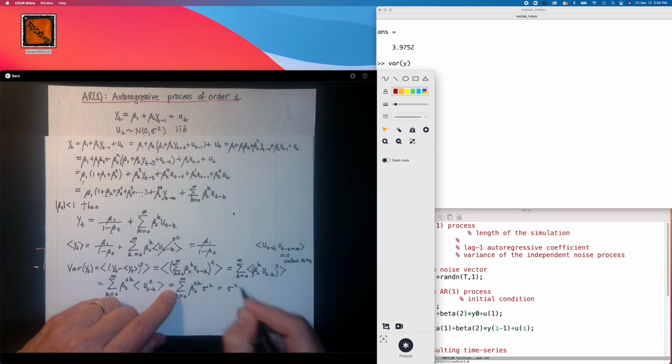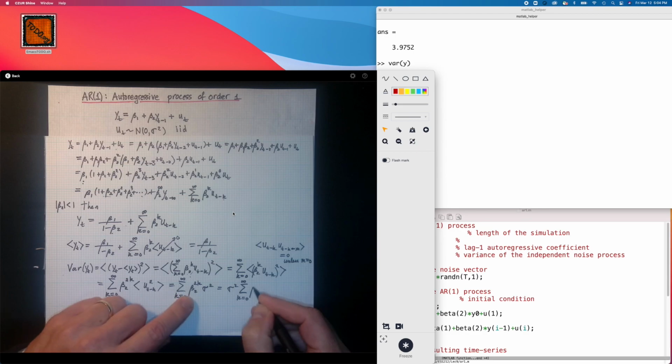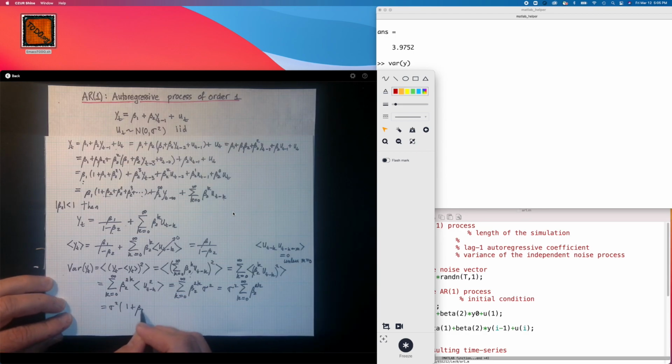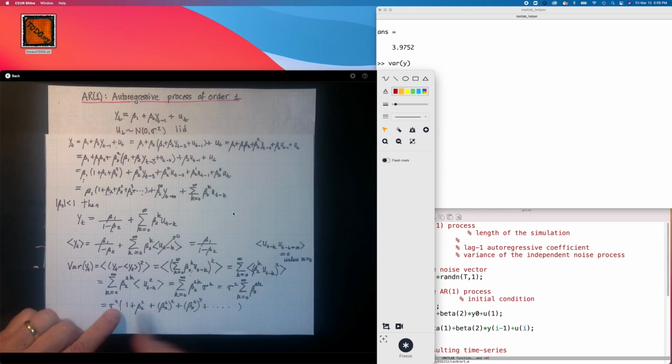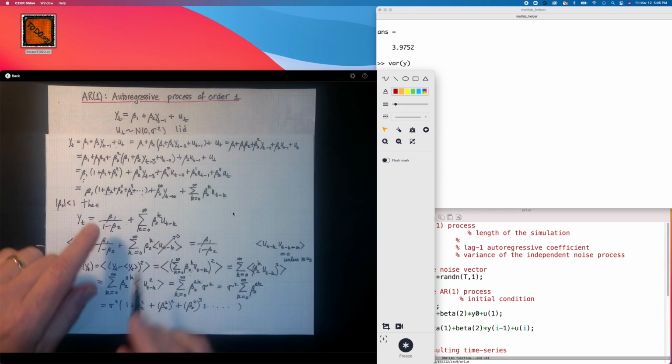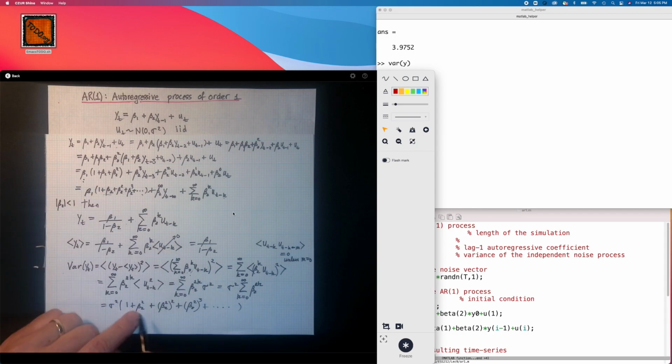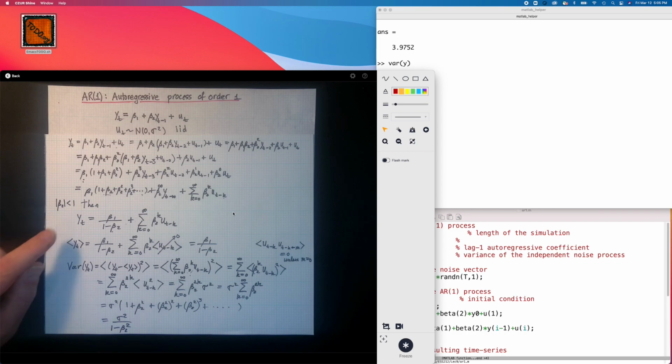So we get sigma squared times the sum. And this infinite series is the same form as this one, except what used to be beta 2 is beta 2 squared. And so we found what the variance and the mean of y should be for our AR1 process.